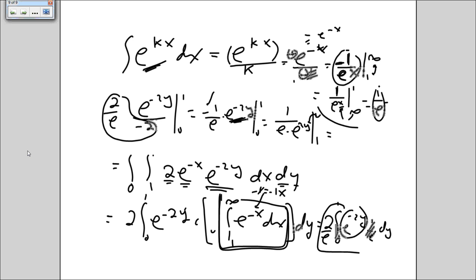You plug 0 in. 2 times 0 is 0. E to the 0 is 1. E times 1 is e. So you get 1 over e. Minus, now you plug 1 in. 2 times 1 is 2, so you get e squared times another e. So you have e cubed on the bottom with the 1 on the top.